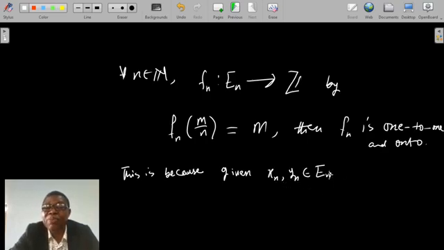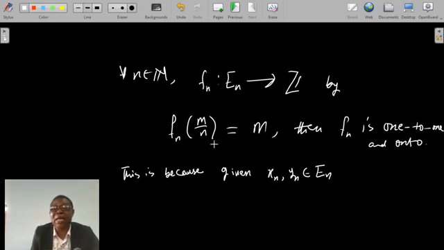Because nothing stops me from taking E1 first and showing that E1 is countable. In that particular case, I'll take X1, Y1 in E1, then do what I want to do. The next thing is I'll take E2 and so on. So this dependence of X and Y on n is because, as n is varying in the set of natural numbers, En will be varying.